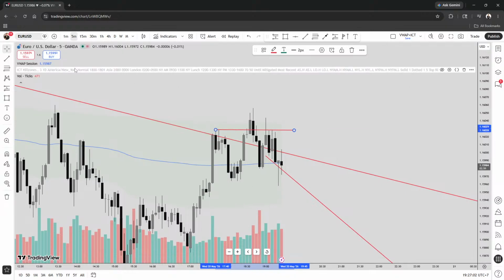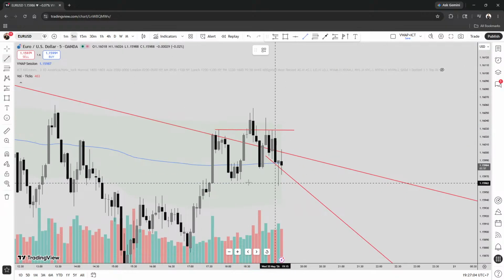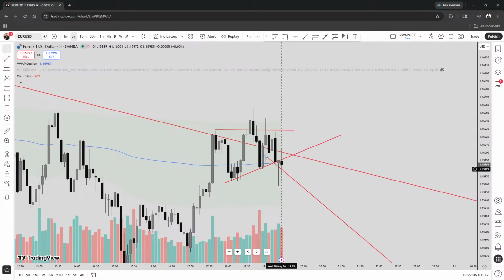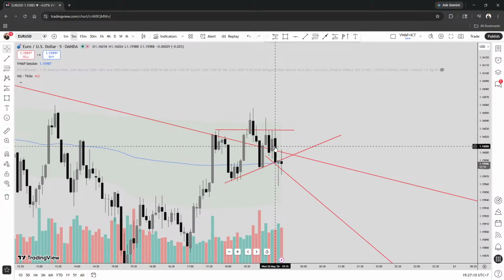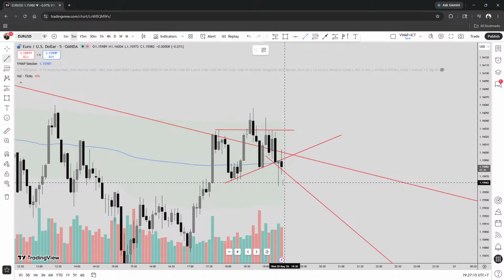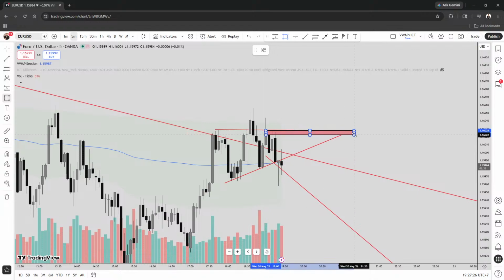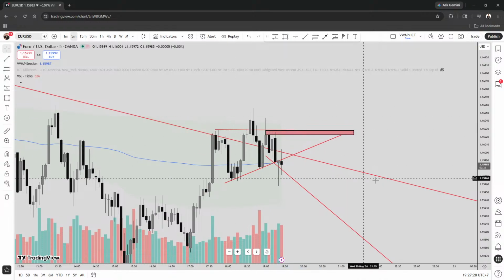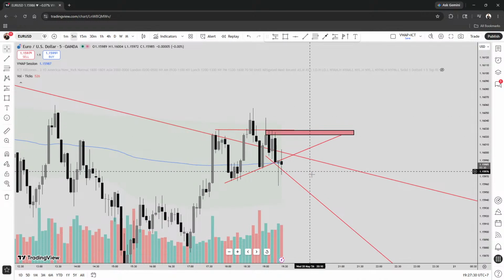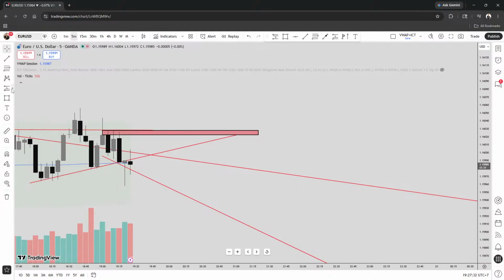There's also a head and shoulders pattern. This is the neckline, and it's already breaking down. And then what we can do here is wait for the price to go back to this level, and then we have to pay attention.